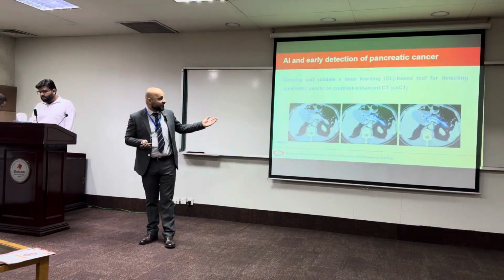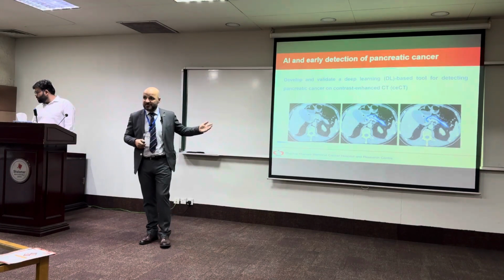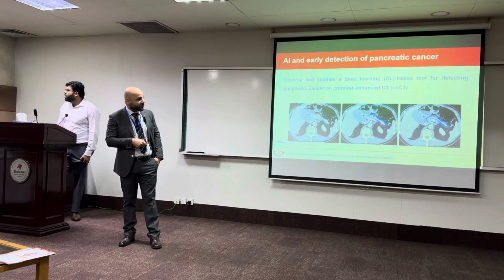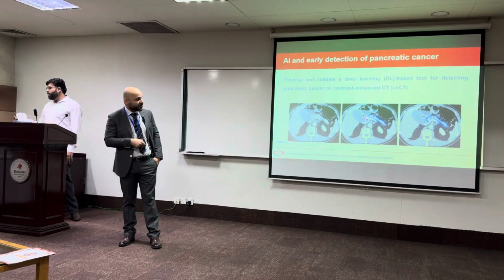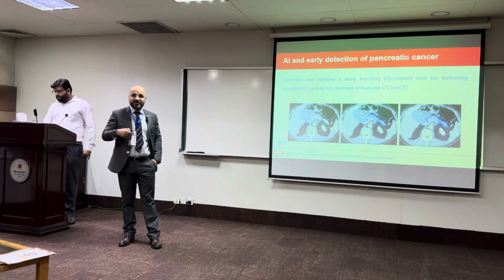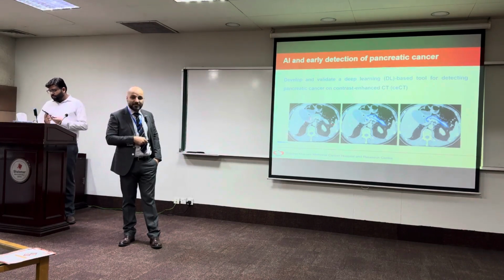So essentially, this is the picture of a pancreatic cancer, and this is what the machine is picking up. That's the pancreas, that's the tumor there. This is the non-AI image generated picture. And if you look closely, even the human can pick up that tumor right there. I'm sure you can all see that.